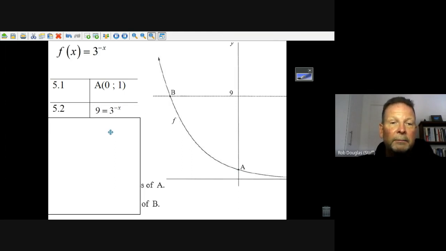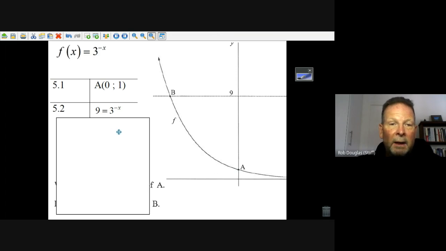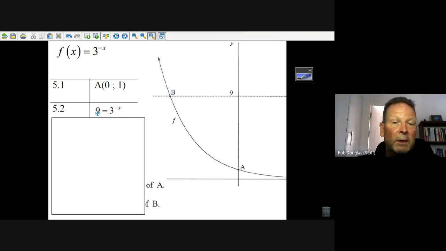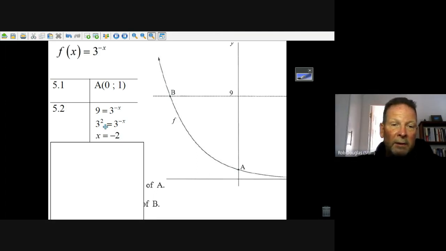The next question, 5.2, is find the coordinates of B. Let's do that. Well, for the coordinates of B, we're looking at where the line y equals 9 and 3 to the minus x equal each other, where they cross, where they intersect. So all you do is you let 9 equal 3 to the minus x. 9 is 3 squared. Make the bases the same when you're trying to do an exponential equation, and then you can see that 2 equals minus x.